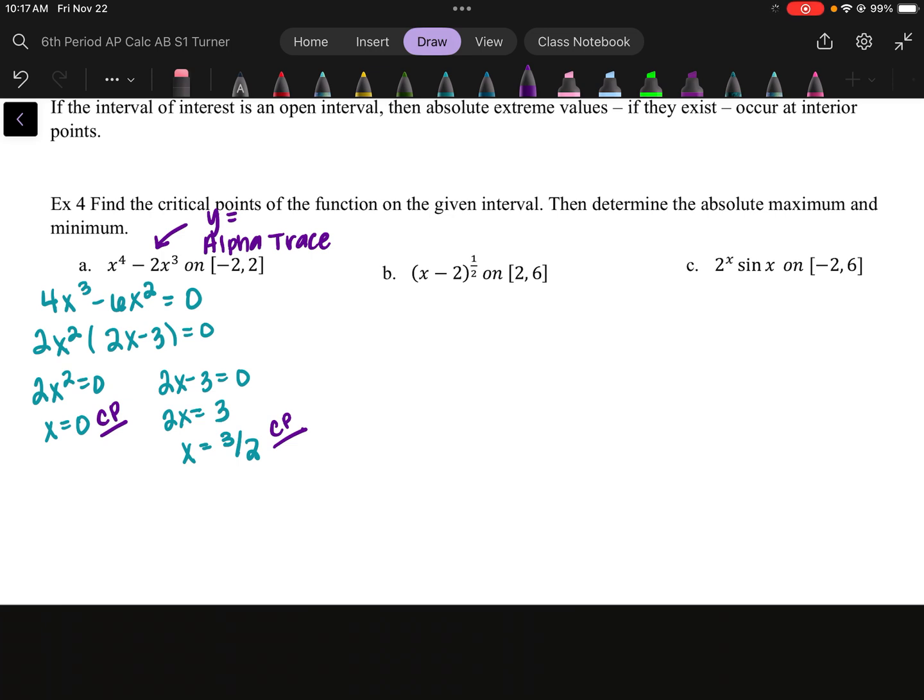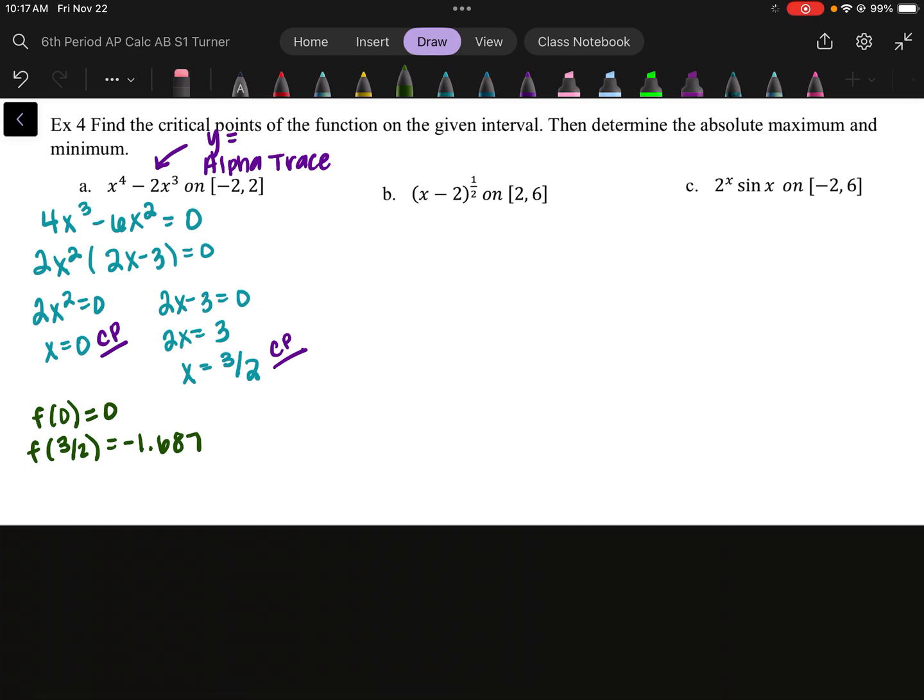So I plug in 0 because that was the first critical point I found, and when I plug in 0 to the original equation, I got 0. I then plugged in 3 over 2 into that original function, and I got negative 1.687. And I know it's 0.6875, so it's kind of on you if you would round to 0.688 or 0.687.